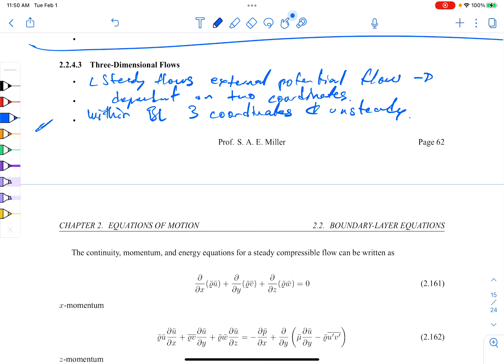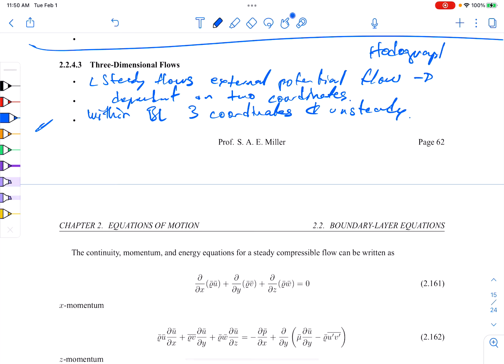It's interesting in these external potential flows. I was talking to a friend at Penn State Aerospace the other day, and we were talking about solutions of Navier-Stokes equations outside the boundary layer. And often they can be reduced to a nonlinear potential set of equations. And they actually have analytical solutions in a lot of cases using the method of hodographs.